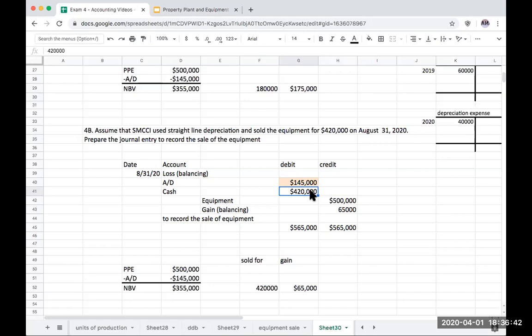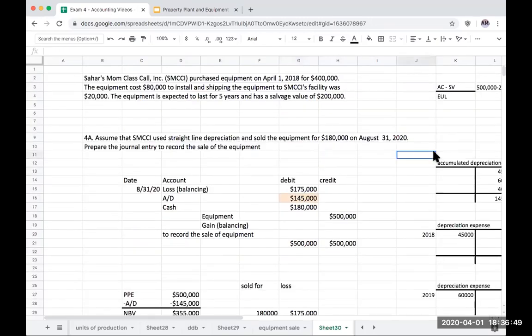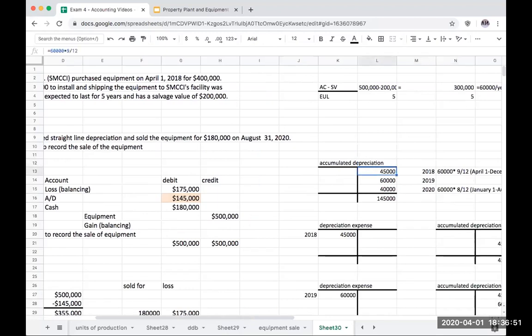So what do I need to do? I'm going to need to figure out accumulated depreciation, or how much depreciation did I take every year. The best way to do this is to go through each year and figure out how much you did. Just remember the period of use. For 2018, because I bought it on April 1st, I used it from April 1st through December 31st.